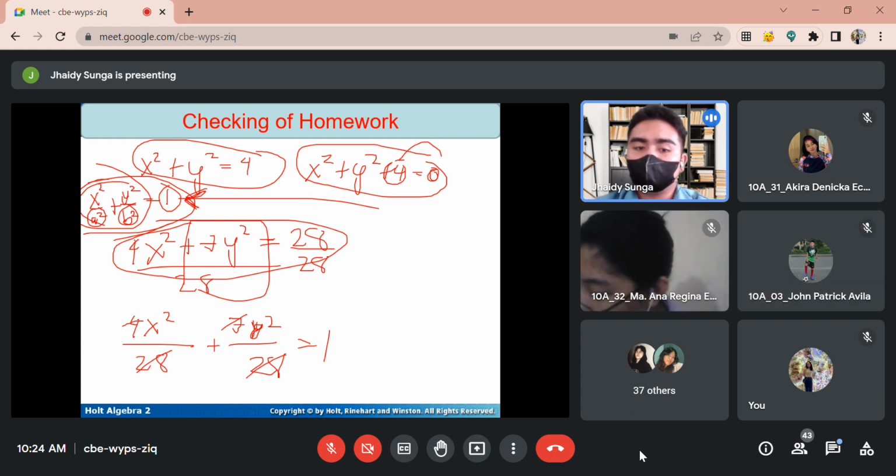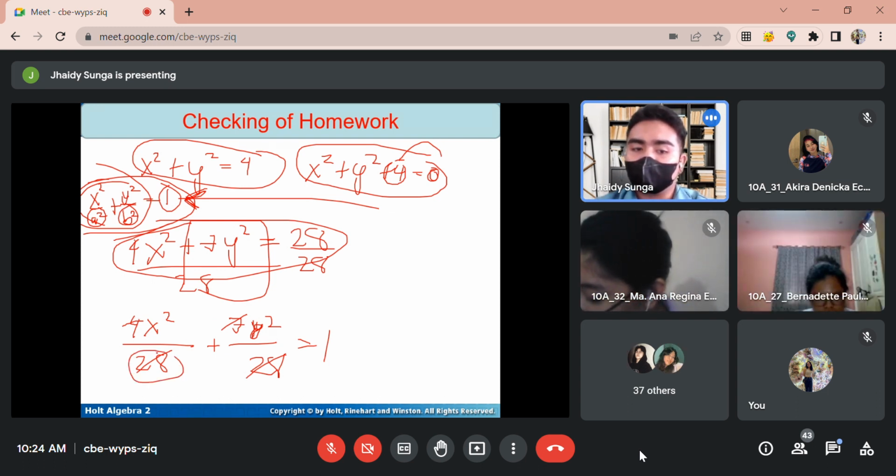What are the multiples of 4 that could divide 28? 7, correct? Okay. So we have x squared and 7. How about the other side? What are the multiples of 7 that could divide 28? 4, correct?